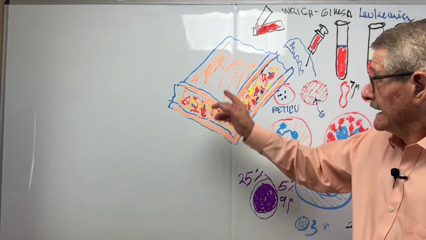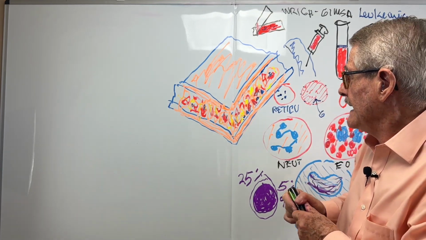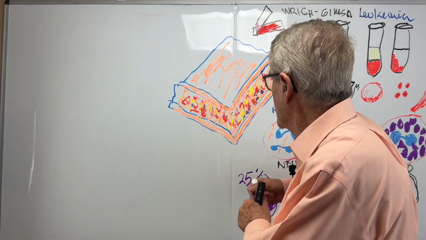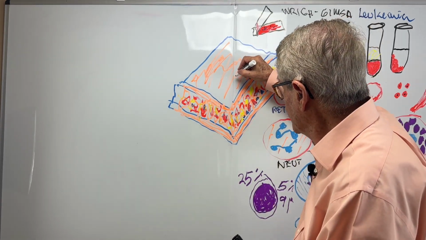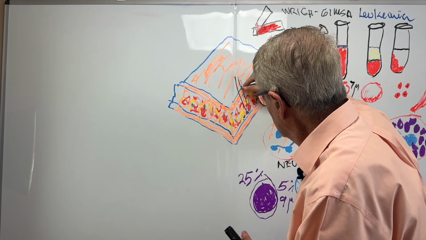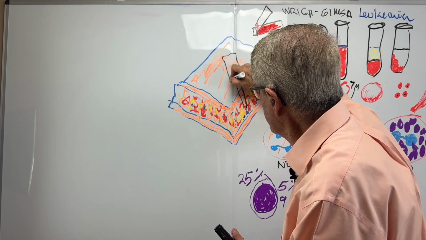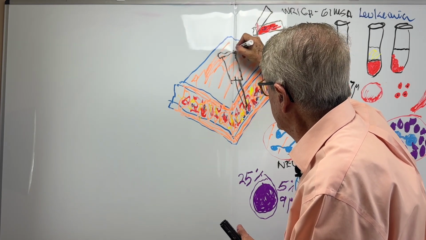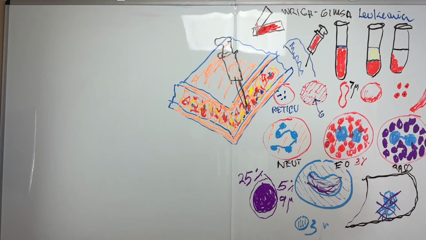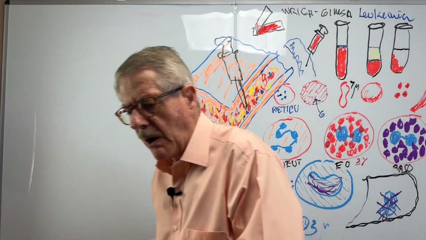Now, all these bones, you can put a needle through them. You can put a needle to the bone with a syringe and something like that, and you can aspirate significant amounts of bone marrow.